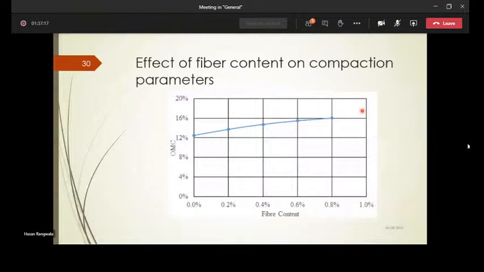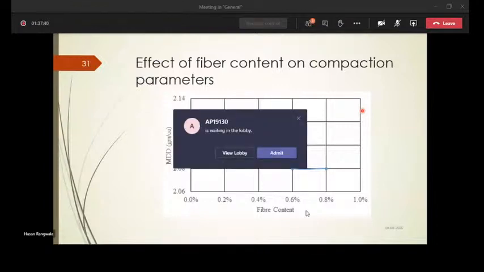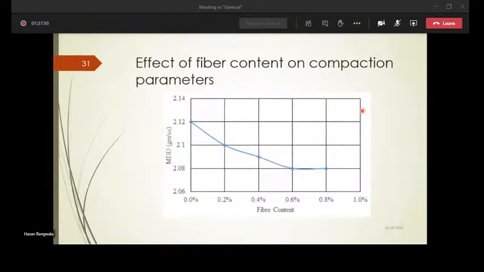That may be the primary reason for the additional OMC, and the soil-fiber mix is quite dense, and any denser material always has a higher OMC. But MDD, or dry density, also decreases. It has been seen that at 0.6% fiber content, it saturates.